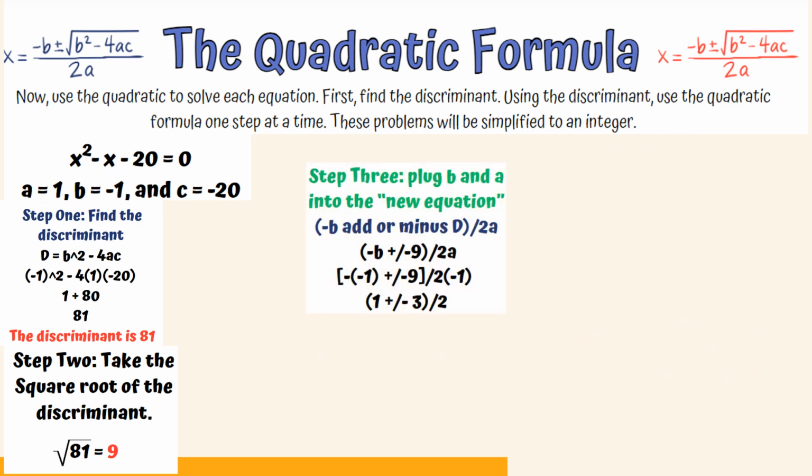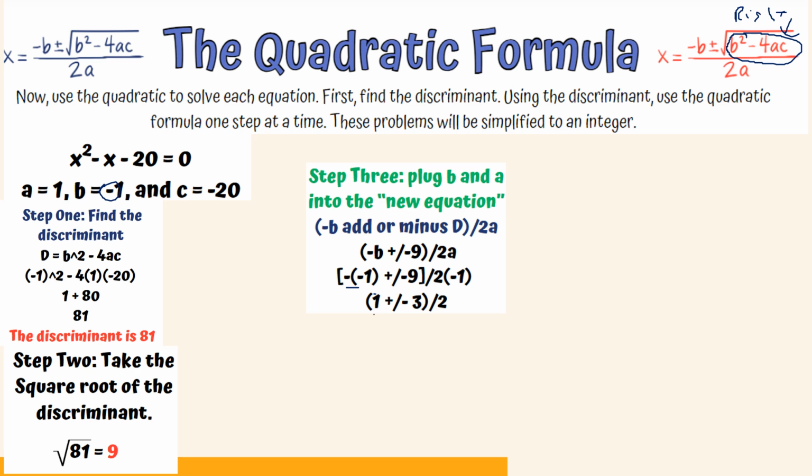Once again, recap what we've done. We found the discriminant, which is right here, underneath the radical sign. So we had negative B, and we found our B was -1, which gave us this +1, plus or minus 3 divided by 2.